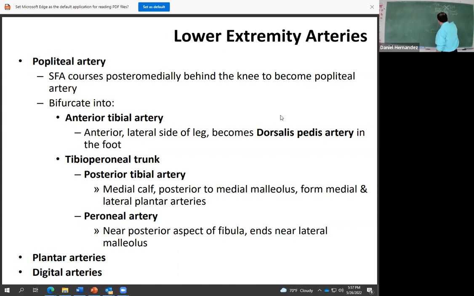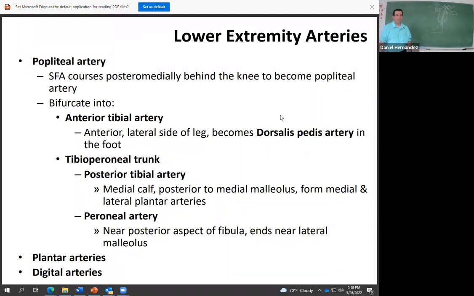So we have ATA, anterior tibial artery, and then tibial peroneal trunk. Sometimes you might hear that just referred to as the trunk. That tibial peroneal trunk further down in the calf will then split into your posterior tibial and peroneal arteries. So your PTA and then peroneal arteries.